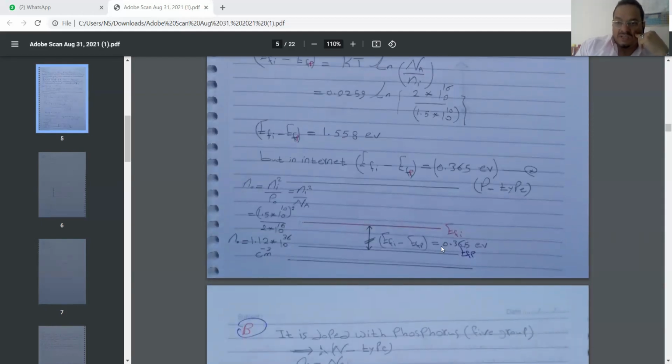Because we're dealing with p-type doping, we draw the EFP line near EV, the valence band, and far away from the conduction band. So EFI from above minus EFP.